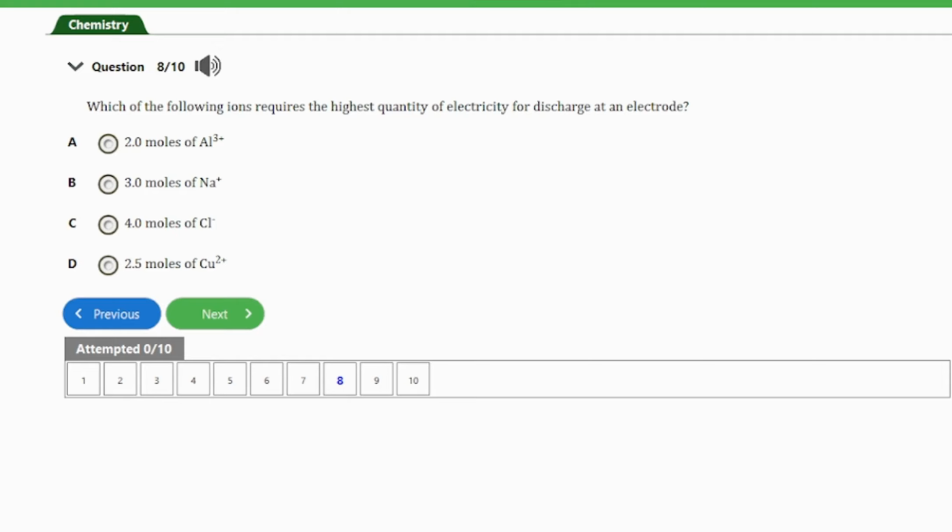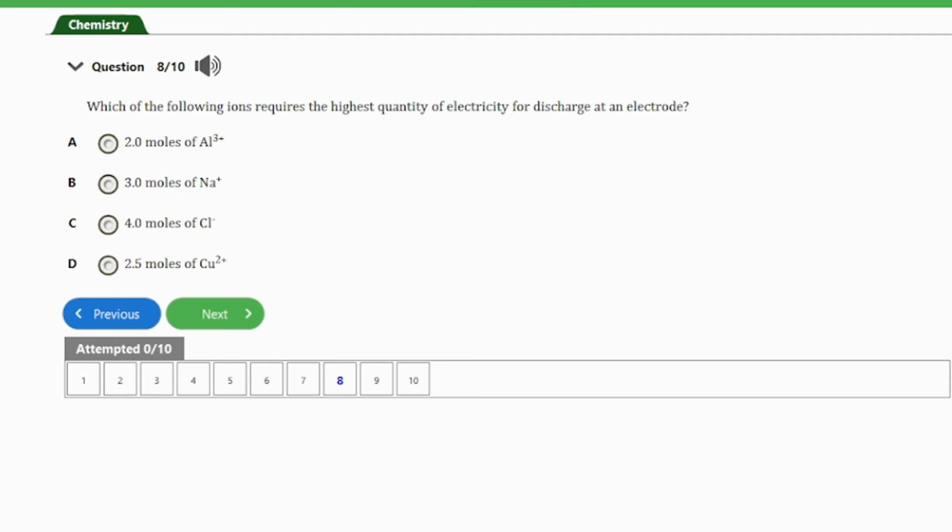So guys, for this, I believe we don't need to stress again to get the answer to this question. All we just need to do is to multiply the moles by the valency of each of these. Anyone that has the highest becomes the answer to the question.